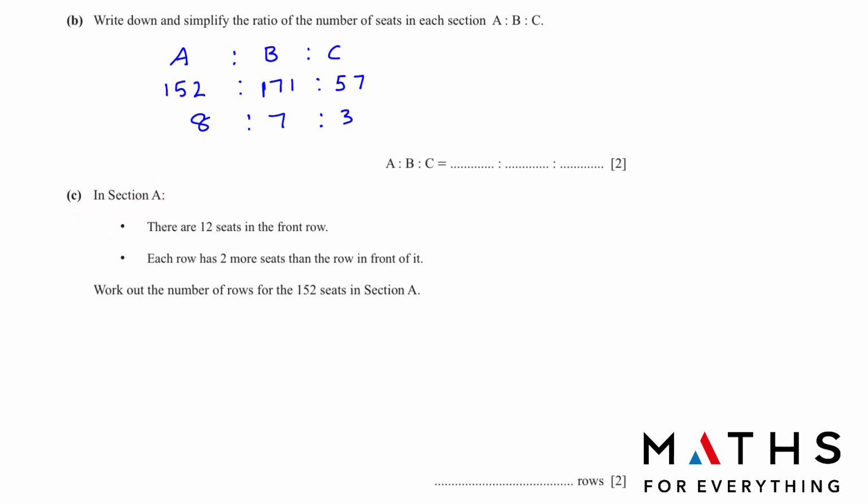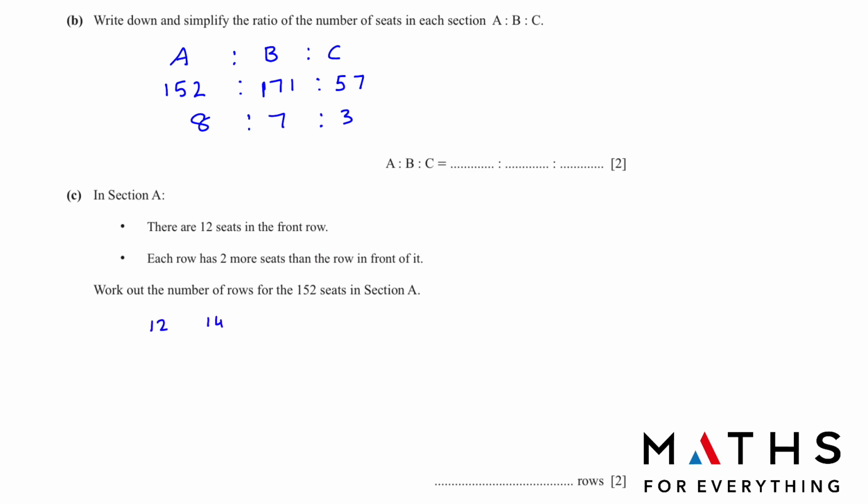C. In section A, there are 12 seats in the front row. Each row has 2 more seats than the row in front of it. Work out the number of rows for the 152 seats in section A. So our first row has 12 seats. The second row has 2 more, so 12 plus 2, 14.